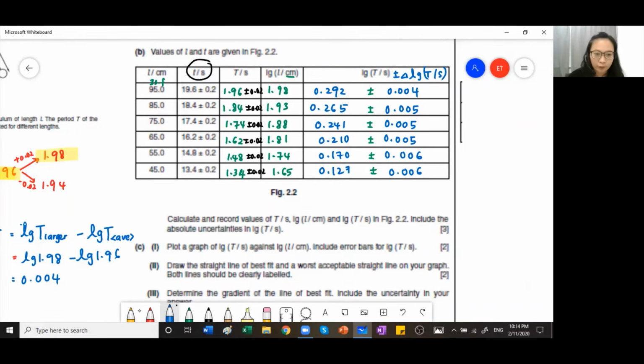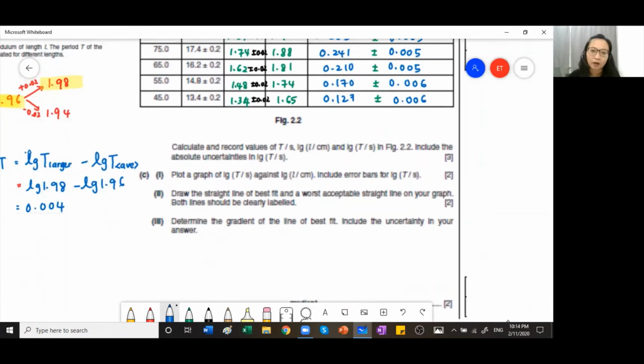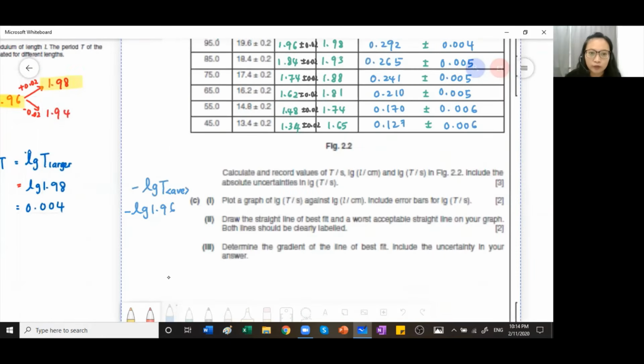So the third part, which is part C, you have to plot a graph of T against L, and you have to include the error bars. Before that, I told you that we have two types of error bars: horizontal error bars and vertical error bars. How do you know whether you are supposed to plot the vertical or the horizontal error bar? Very simple. Look at the question again.